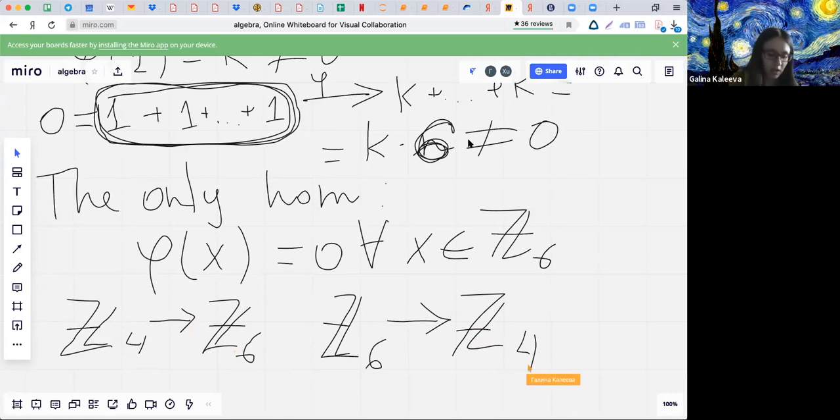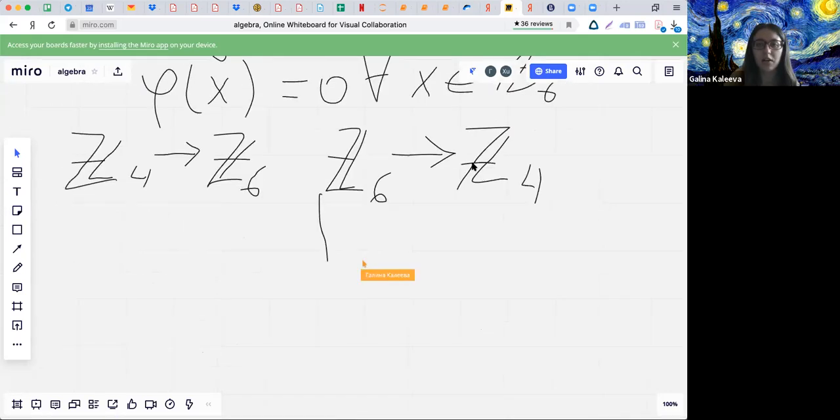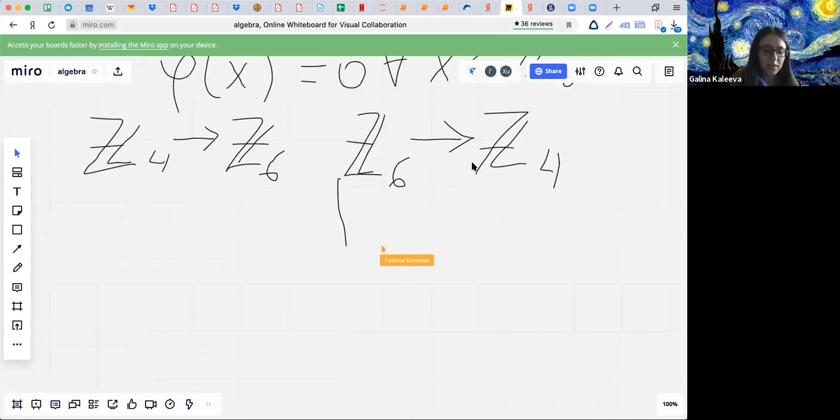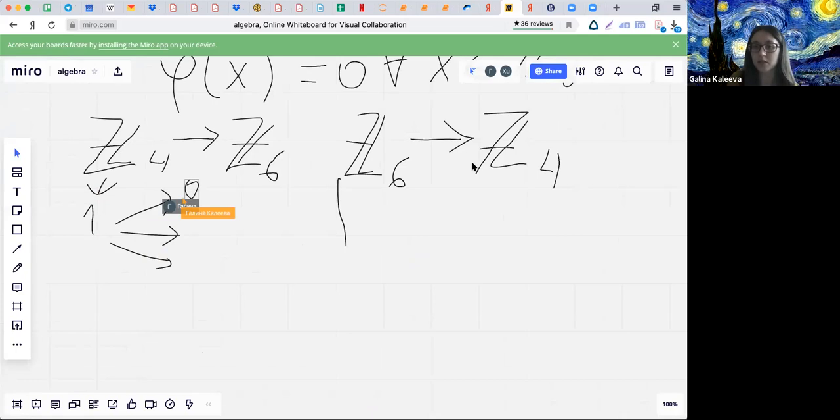Okay, let's do it. Firstly, from Z4 to Z6. Let's take 1 here and try to find the images of 1 from Z4. We can map 1 to 0, and that will be the zero homomorphism.